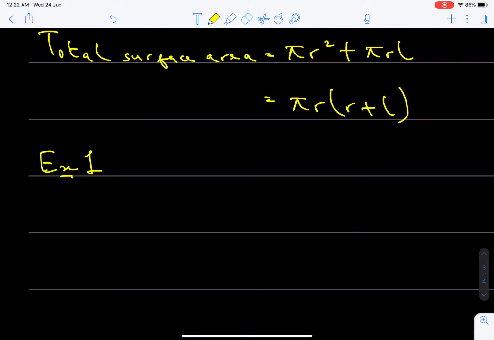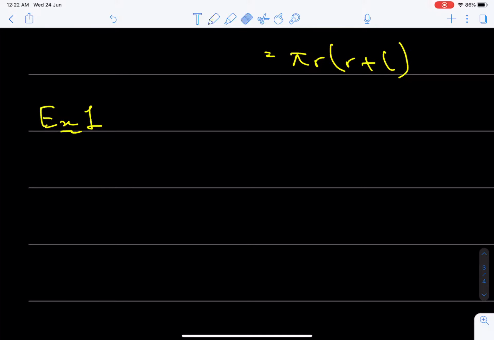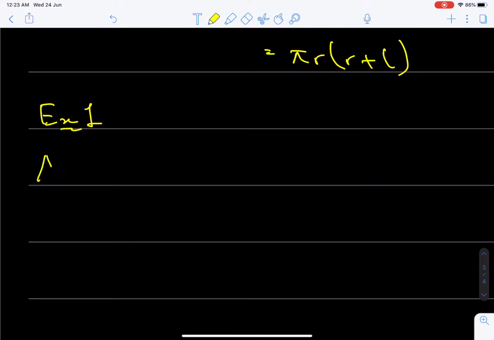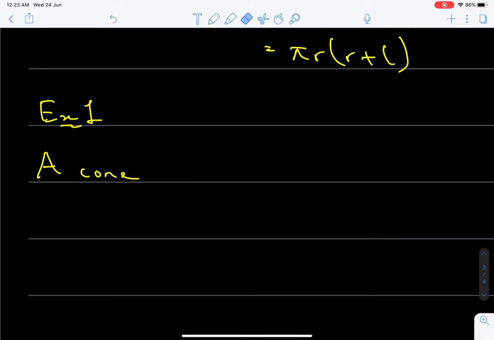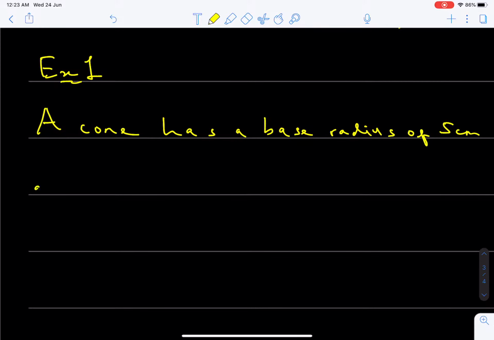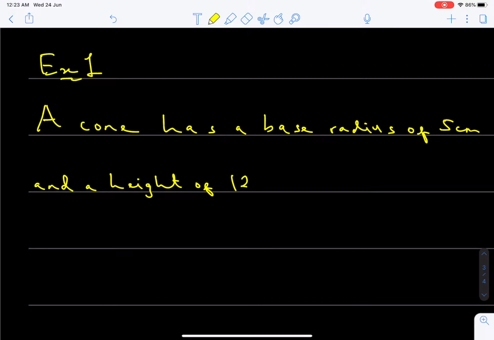That's our first example. Example 1. A cone has a base radius of 5 centimeters and a height of 12 centimeters.